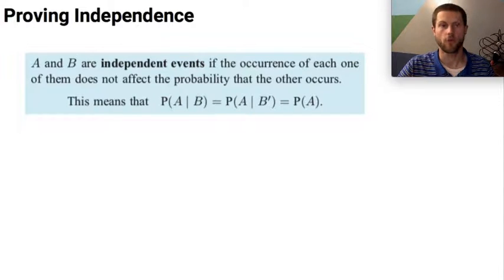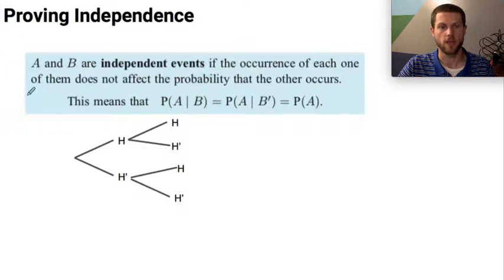So let me give you an instance so you see what I mean. If I flip two coins, and rather than write heads and tails, I just write heads and not heads, I call this event B, and I call this event A. The probability of getting a head given a head is the same exact probability of getting a head given a not head.